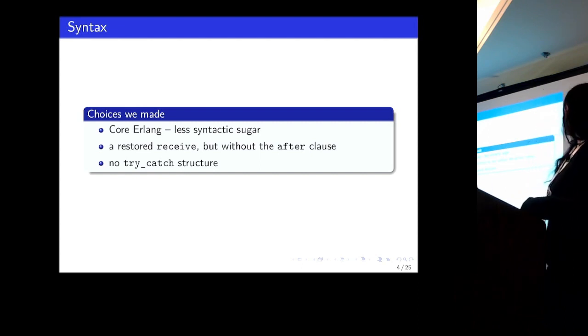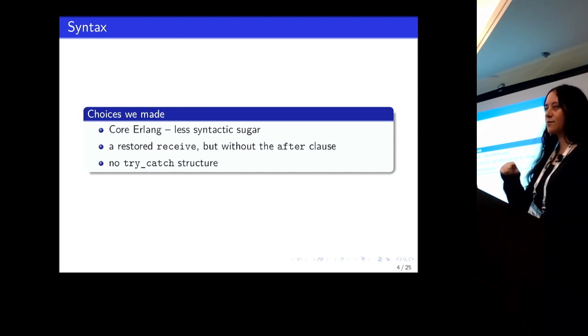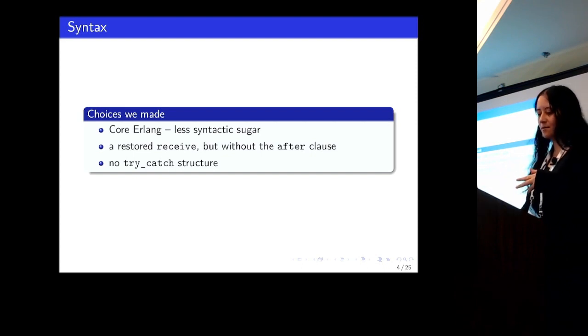And as we are not modeling continuous time, we are not using the timer of the after clause of a receive. A receive will wait indefinitely for a message. And we don't have a try-catch structure.